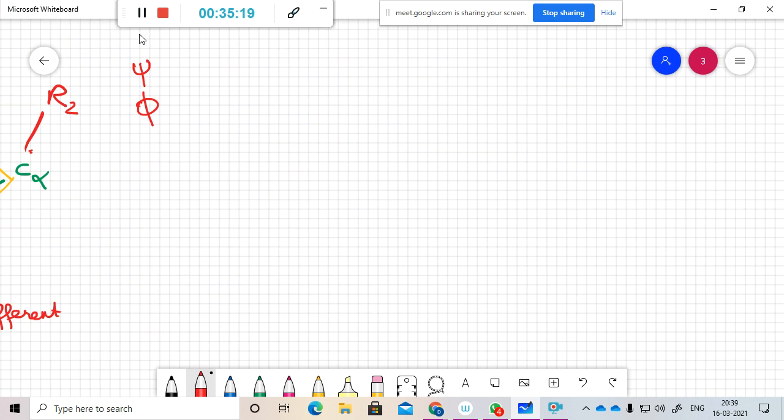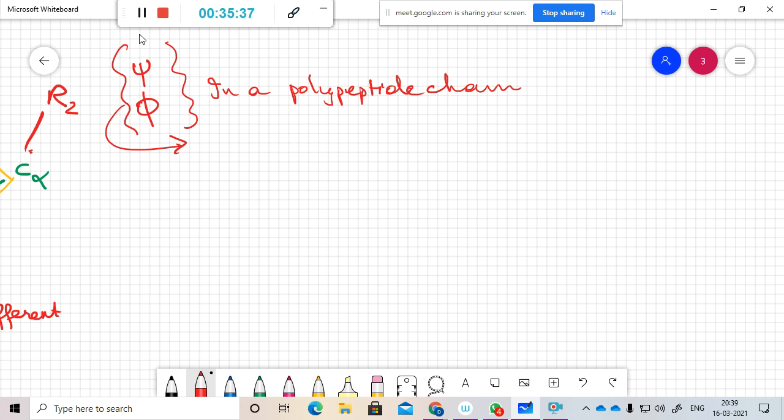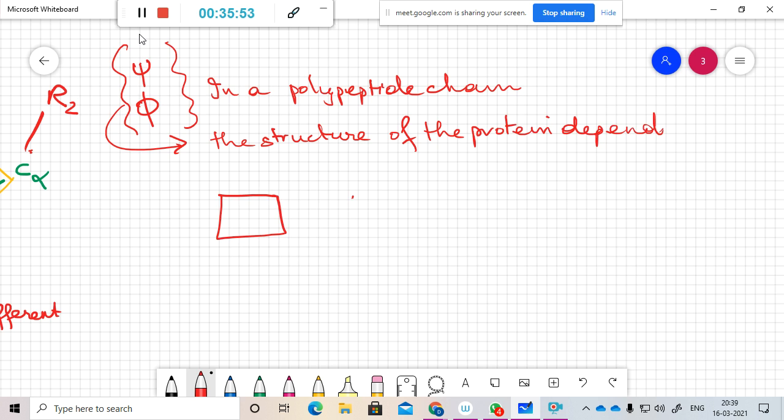And on the basis of these psi and phi angles in a polypeptide chain, a linear series of amino acids, the structure of the protein depends. This one is 90-degree, the next bond moves at this angle.